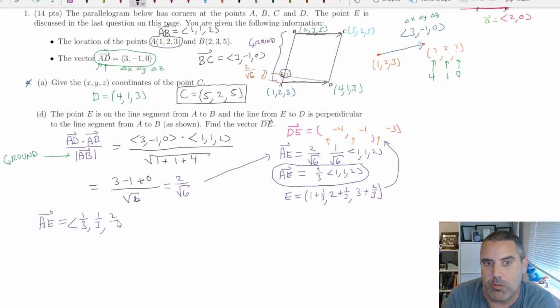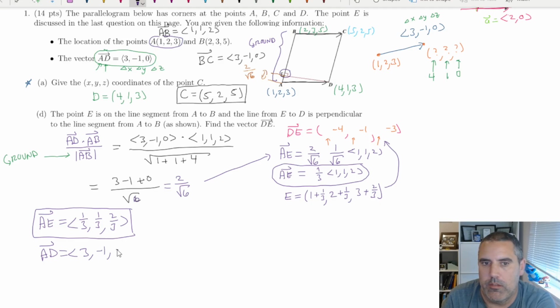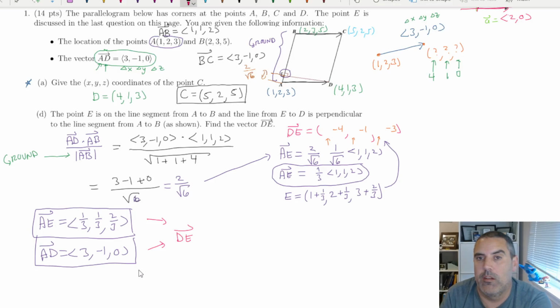This was a challenge question. I already had the vector AD, which was 3, -1, 0. And I wanted to get the vector DE. Now that's the vector that goes from D to E.